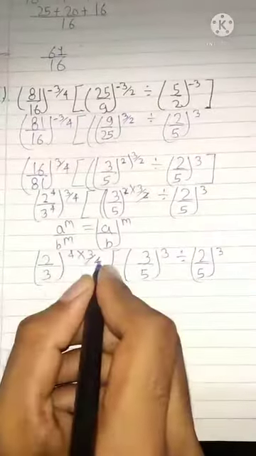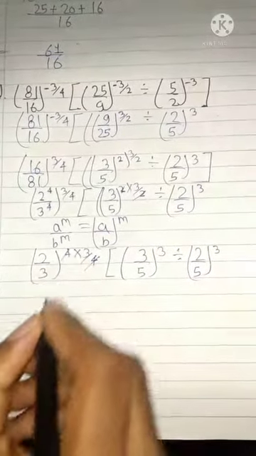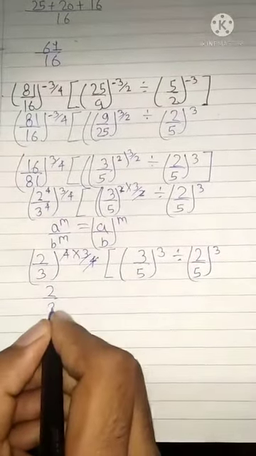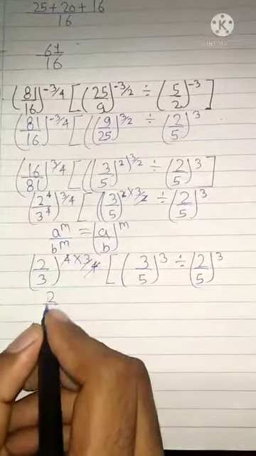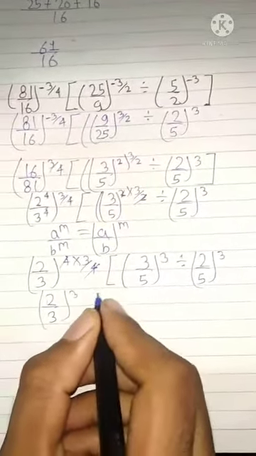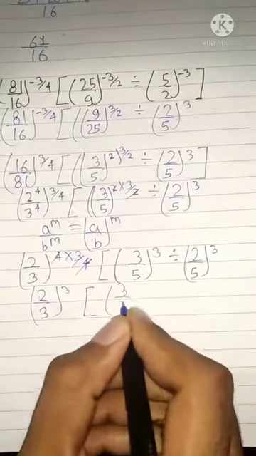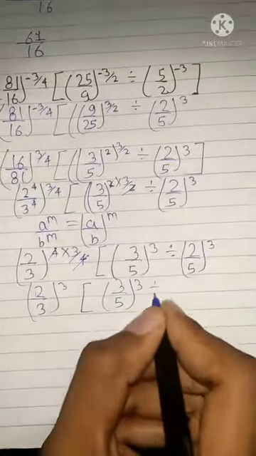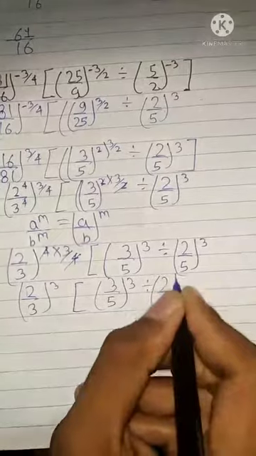This 4 is also cut, so it becomes (2 upon 3) to the power 3, bracket, (3 upon 5) to the power 3 divided by (2 upon 5) to the power 3.